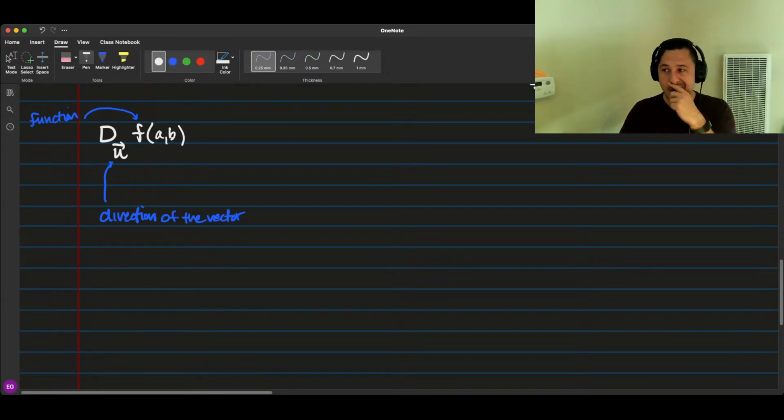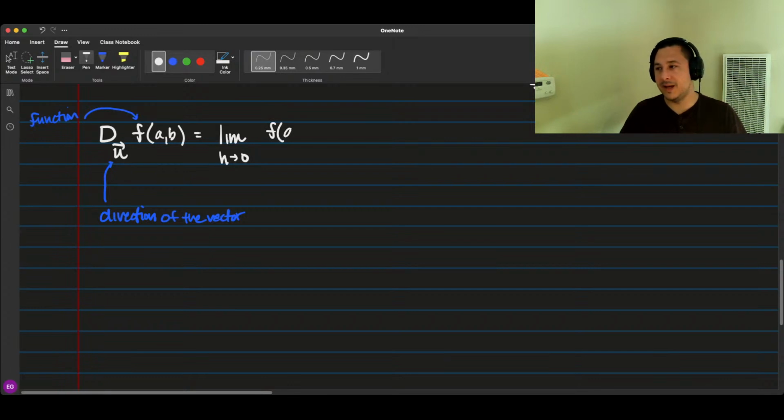Okay. So how do you get the directional derivative of f at (a, b) in the direction of u? Well, all you need to do is take the limit as h goes to 0 of that thing we were just dealing with, the slope of the secant line.